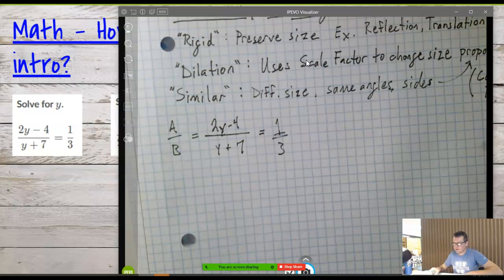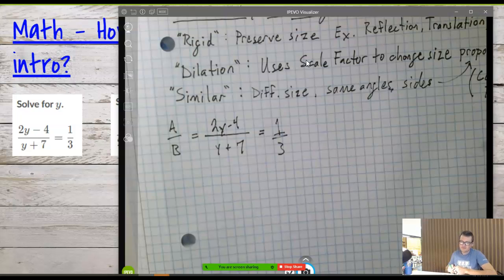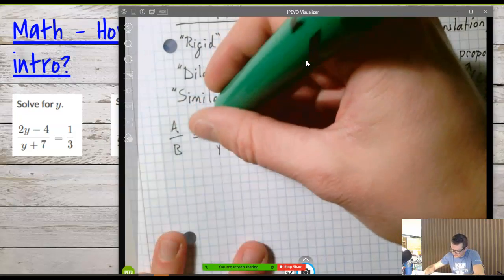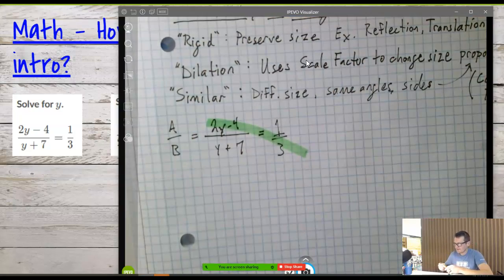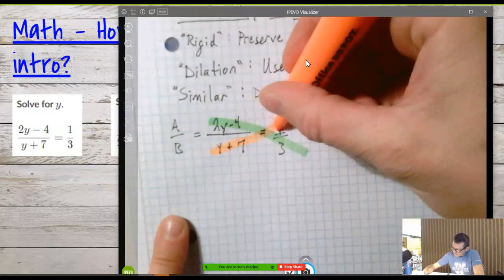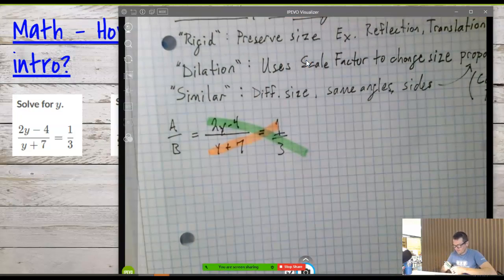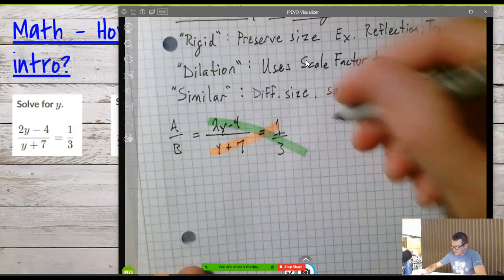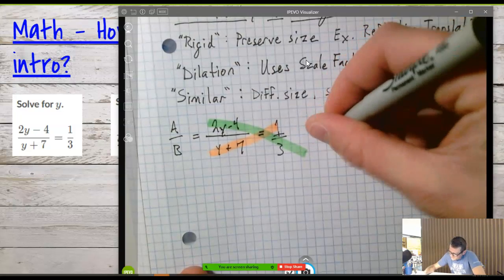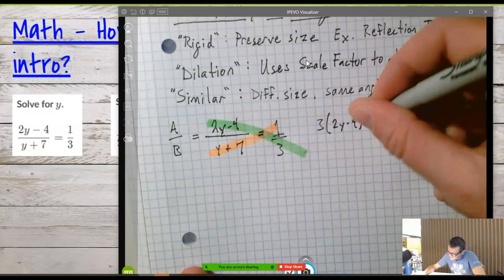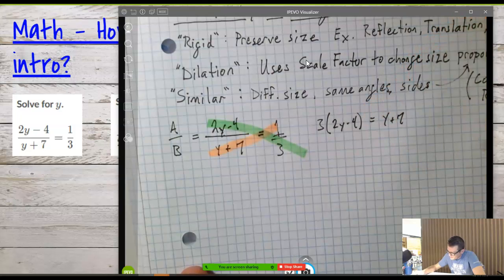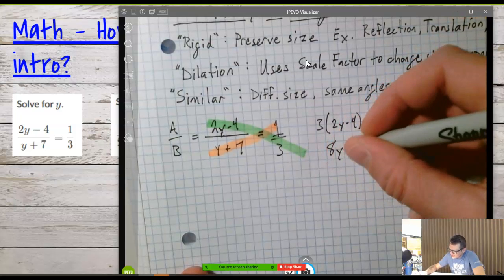So what do we do when we have a fraction equal to a fraction? Cross multiply. Yes, we cross multiply. So 3 times 2y minus 4 equals y plus 7, because times 1 doesn't do anything.